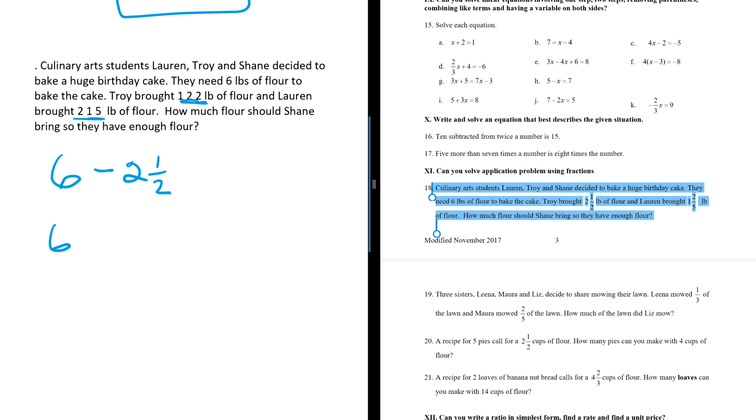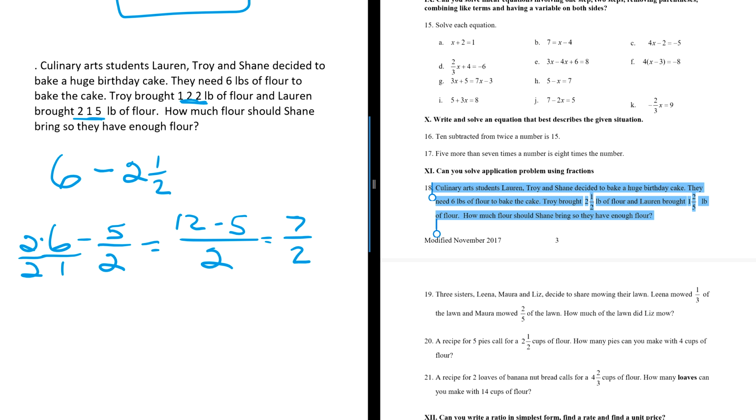So it would be 6 minus 2 times 2 is 4 plus 1 is 5 over 2. And this would make it 6 over 1. Get my denominators to be the same, so it would be 2 over 2. Then 2 is my denominator, and 2 times 6 is 12 minus 5. And that's 7 over 2.